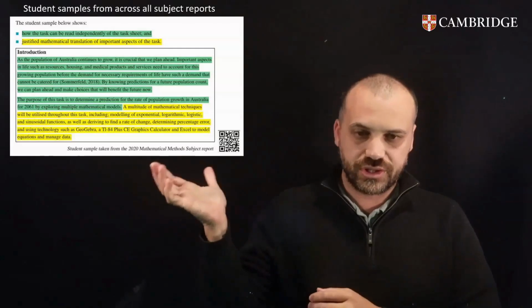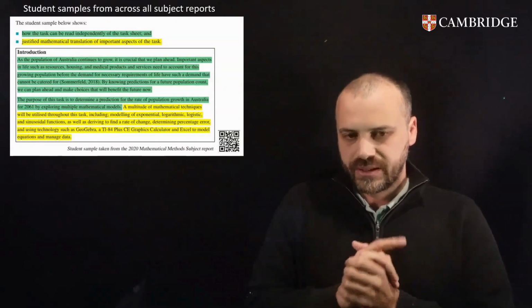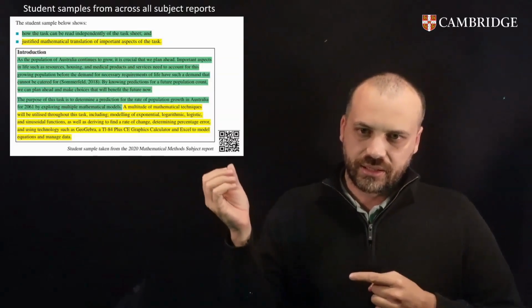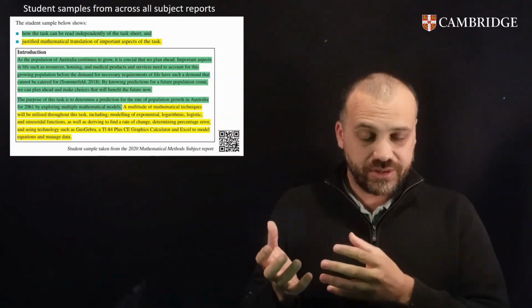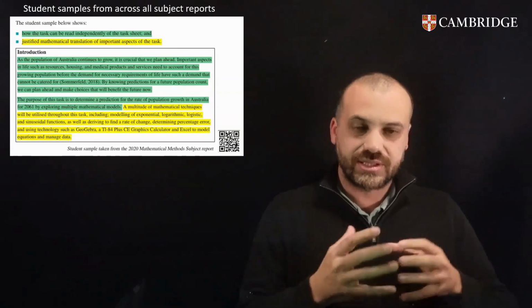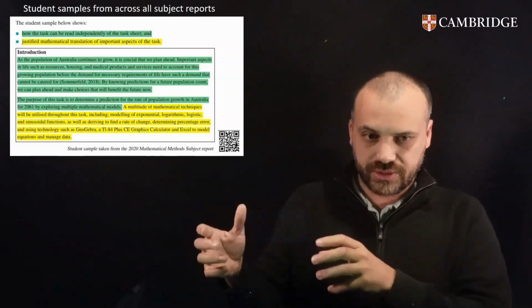You've also got student samples from across all of the subject reports. So it was tempting here to only use samples from general maths, but in the end, it seemed like it was best to take the best from the best subject reports.